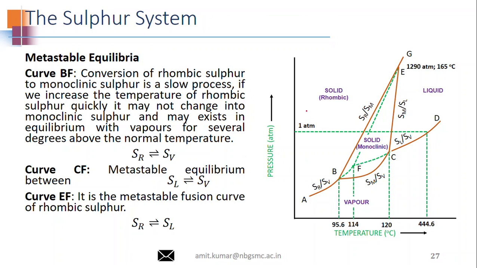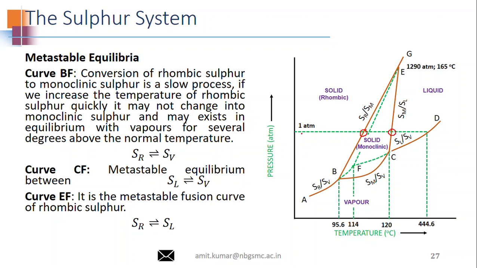So this is all about the phase diagram of a sulfur system. As we have discussed, looking at the melting point at 1 atmospheric pressure, at this point sulfur rhombic is directly converted into monoclinic. That means this bivariant system is converted into a univariant system, and similarly at these points again, the bivariant system converts into a univariant system.